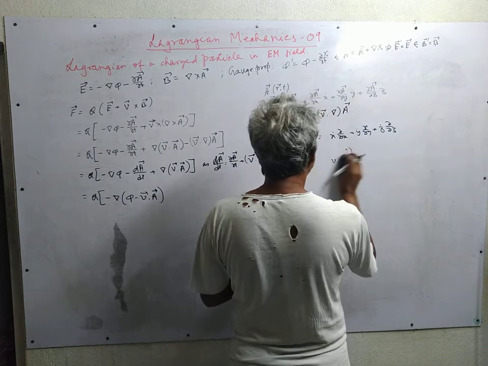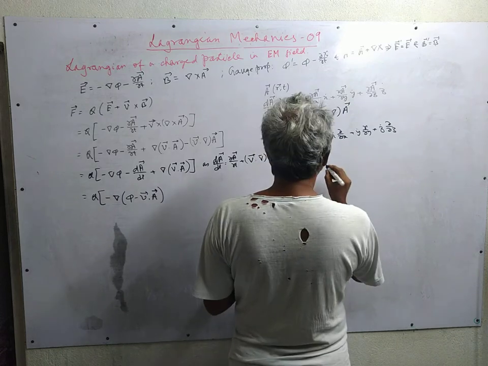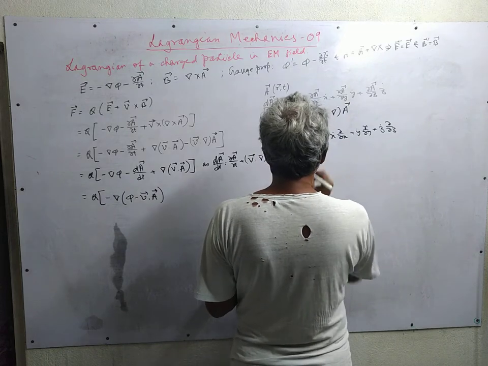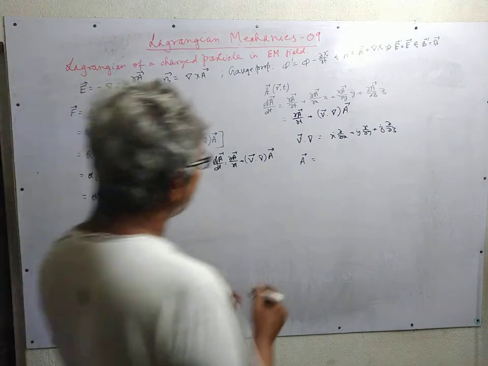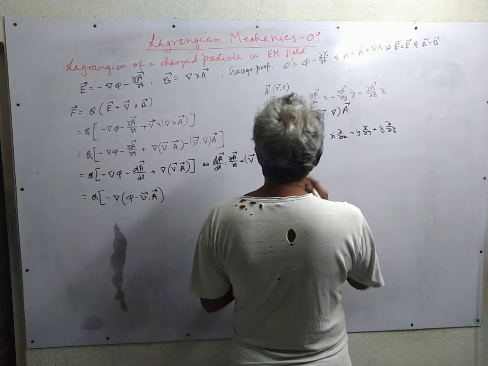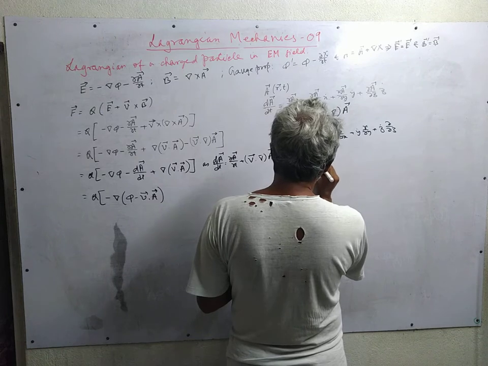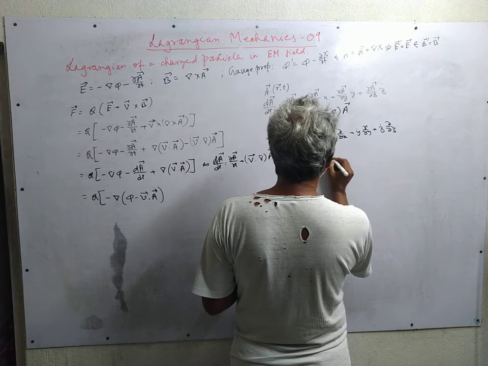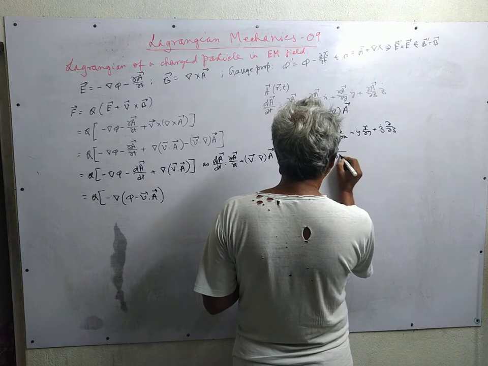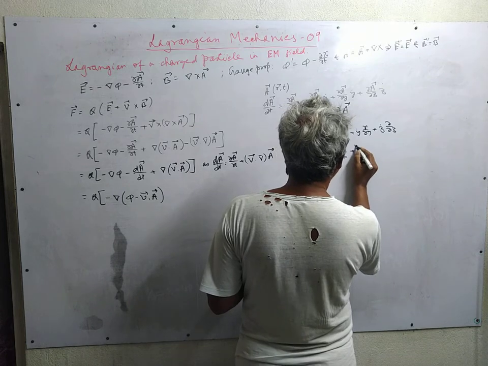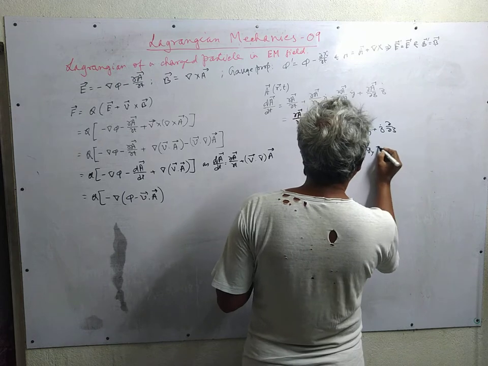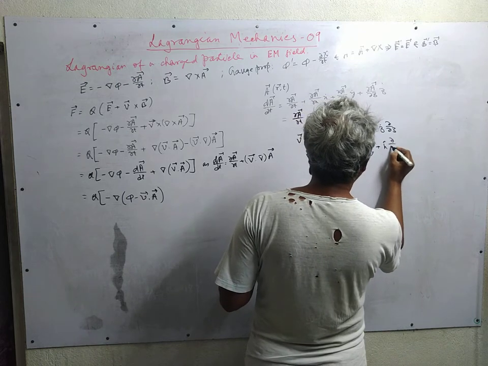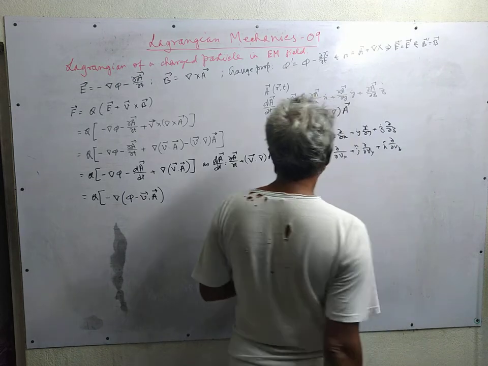We first consider this operator. We consider a gradient operator in velocity space. This is i cap ∂/∂vx plus j cap ∂/∂vy plus k cap ∂/∂vz.